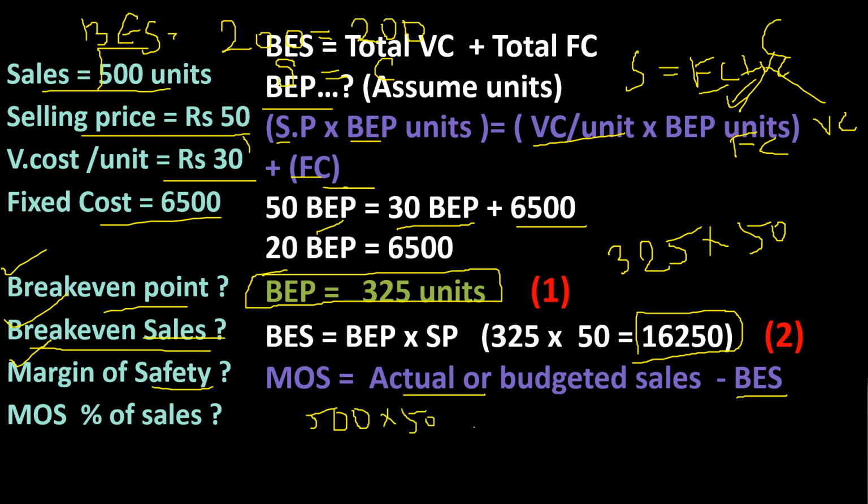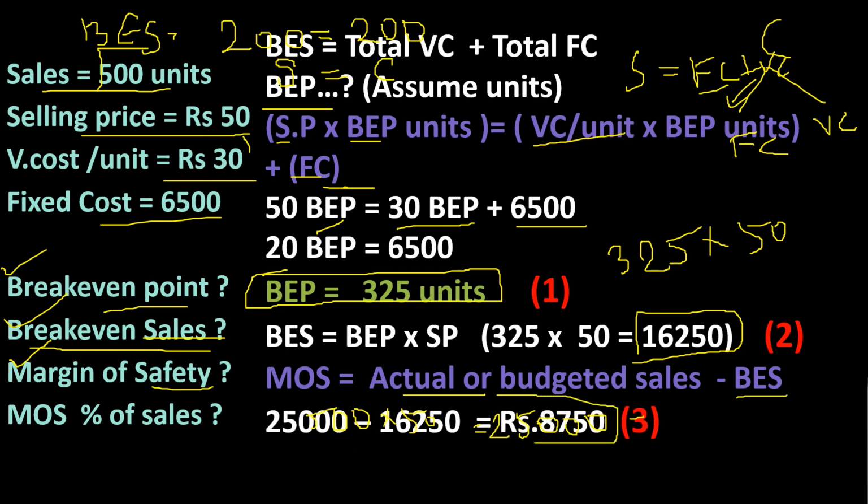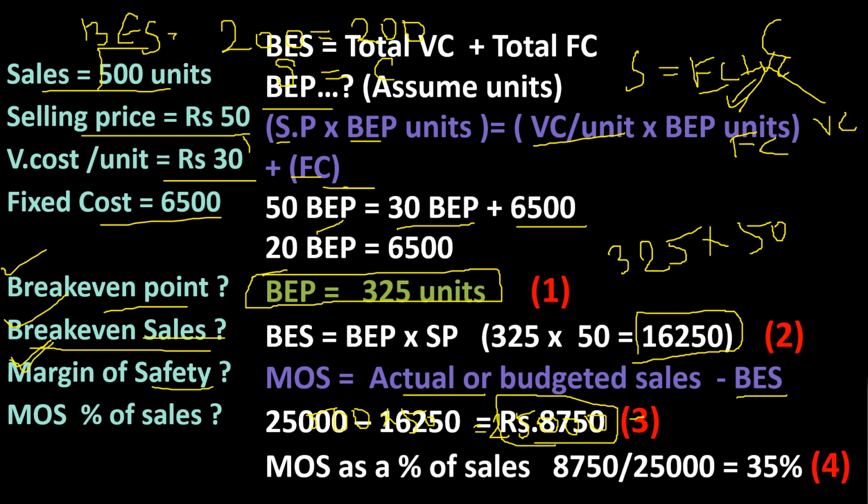So 25,000 will be the actual sales and the break-even sales is 16,250. So you get the answer as 8,750. So the margin of safety is 8,750. Margin of safety percentage of sales is nothing but 8,750 divided by 25,000, that is total sales, which gives you 35%.